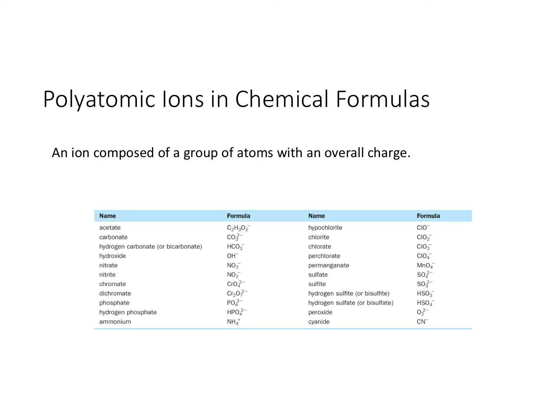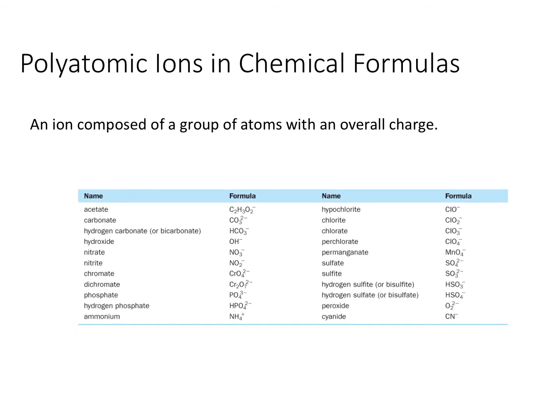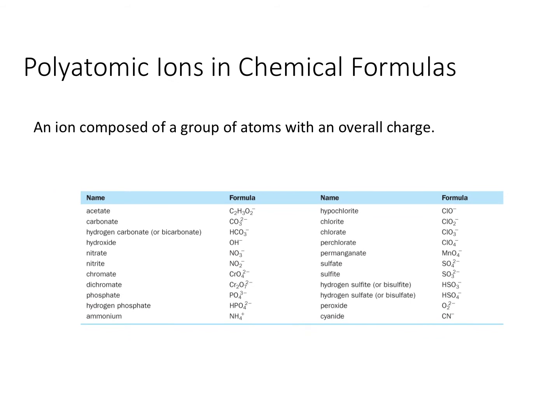And polyatomic ions I'm going to give you in the exam, but you should be familiar with them. Otherwise, you cannot solve the problems. And when I go through some examples, you see what I mean. You look at the table, OH minus, and you realize this is hydroxide. Okay.